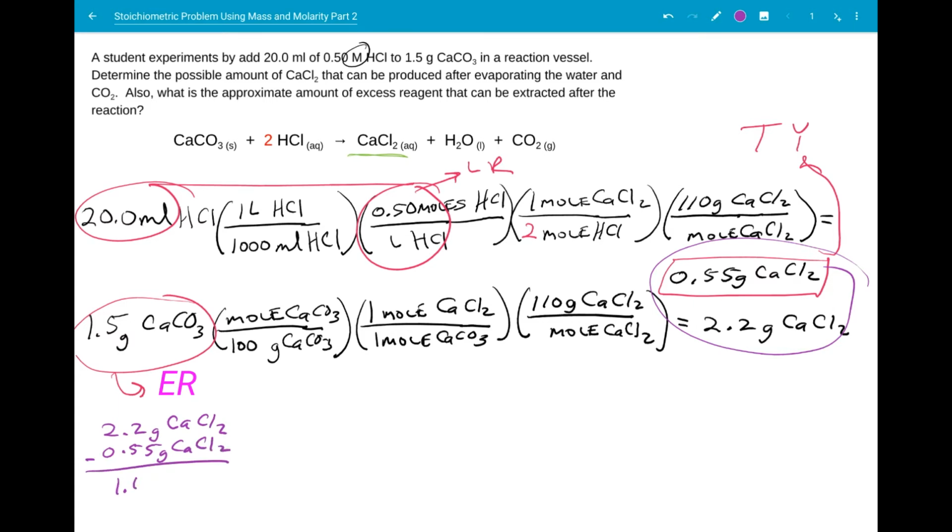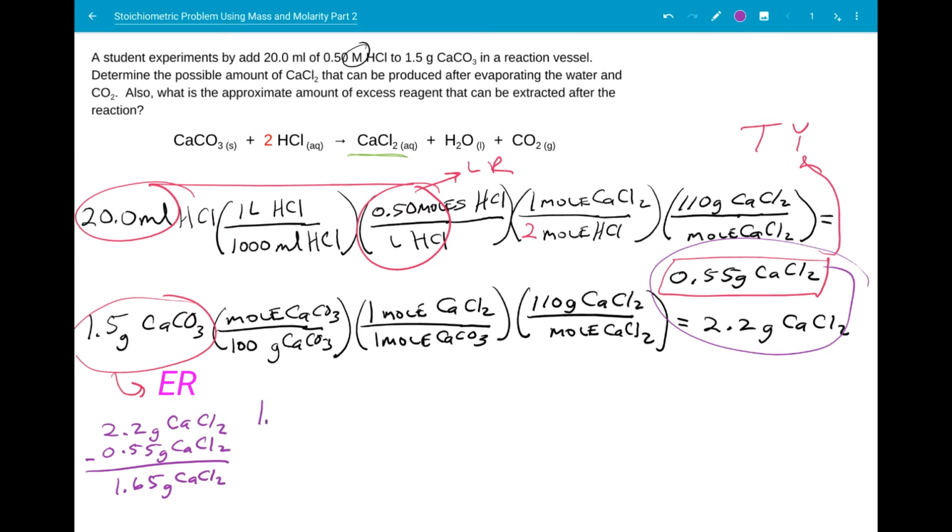I get 1.65 grams CaCl2. That overage is due to the 1.5 grams of calcium carbonate. So let's see how much is actually used up or how much is left over in the reaction.